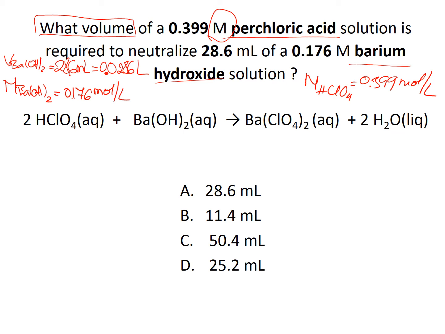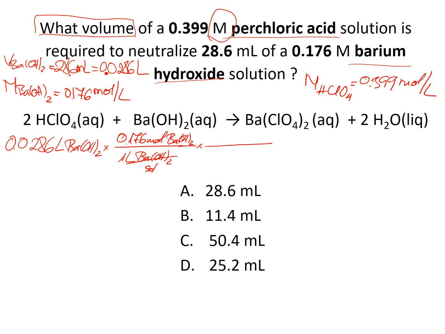Let's do that. We begin with the volume of the barium hydroxide solution. And then we're going to say that for every 1 liter of our barium hydroxide solution, we're going to have 0.176 moles of barium hydroxide.